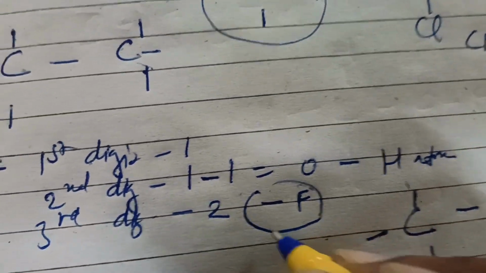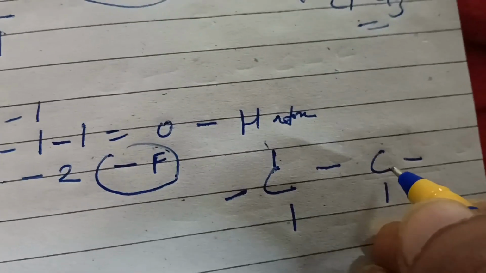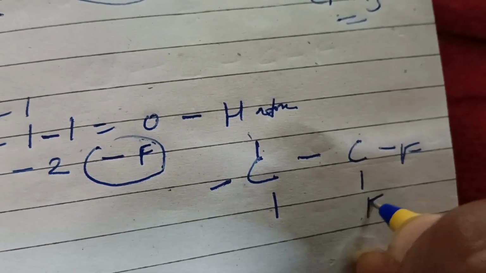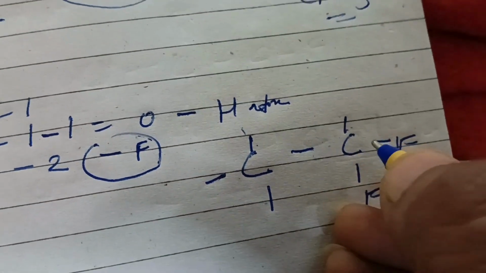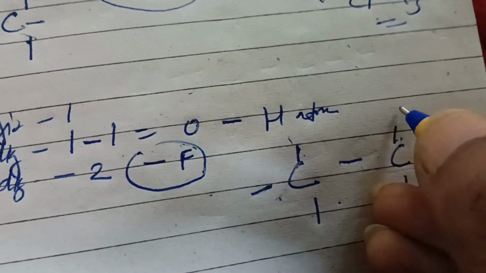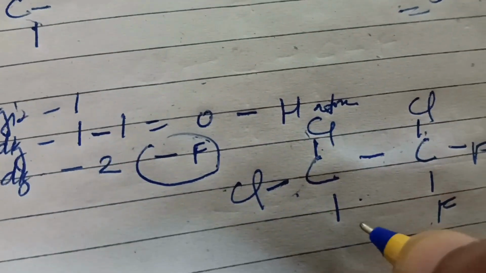Here we have 2 fluorine, so we can simply award 2 fluorine to this carbon, and the rest will be taken by chlorine. You can see how many positions are vacant: 1, 2, 3 and 4. All will be taken by chlorine.